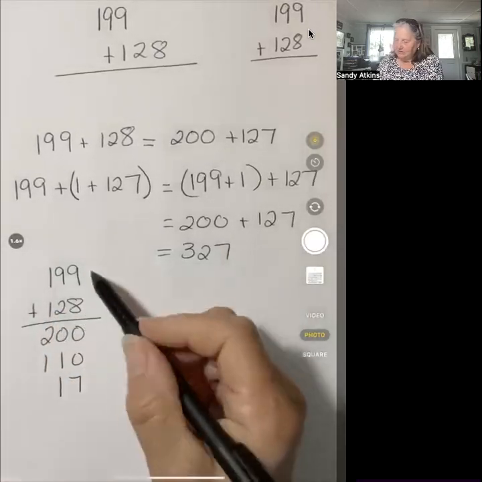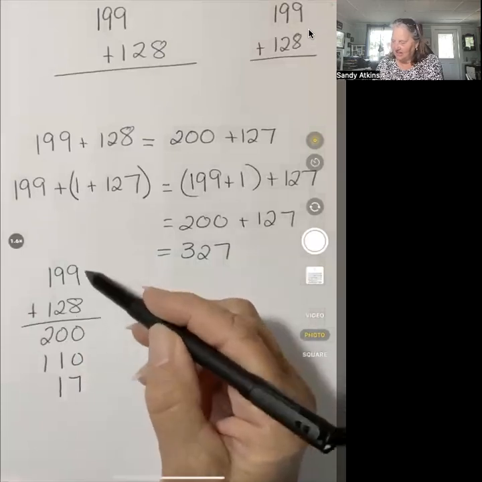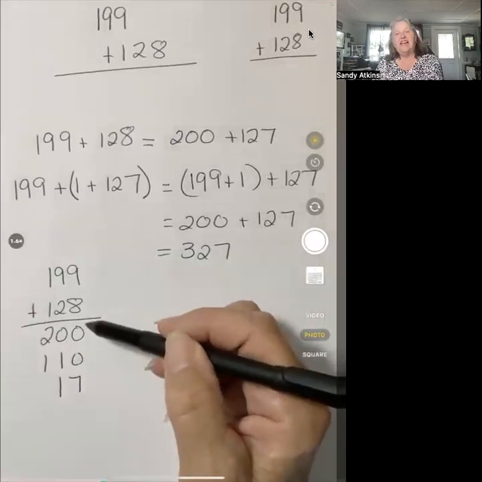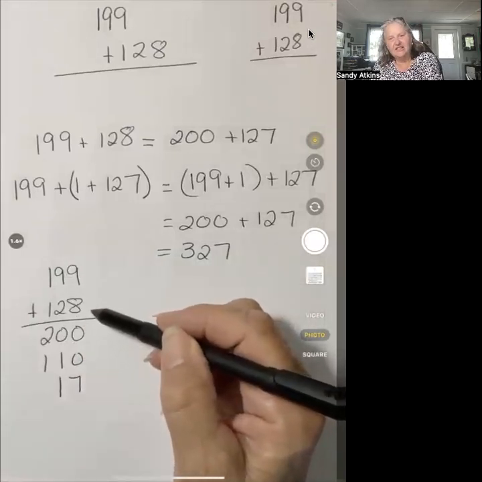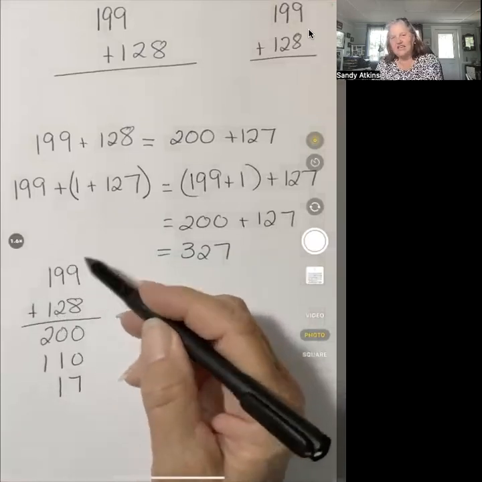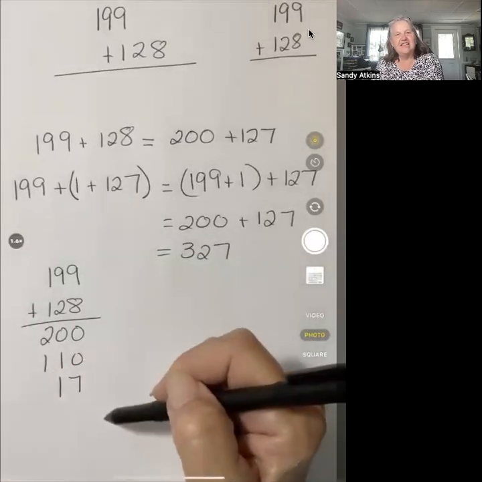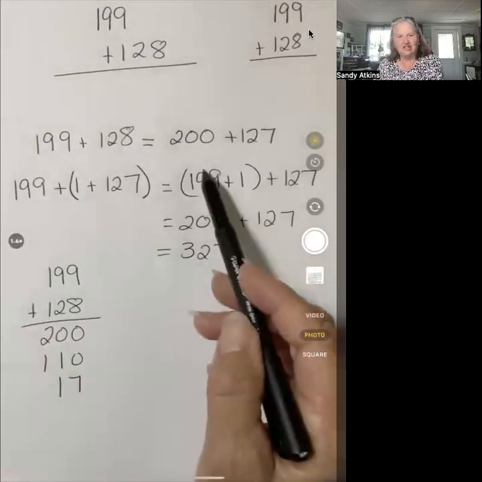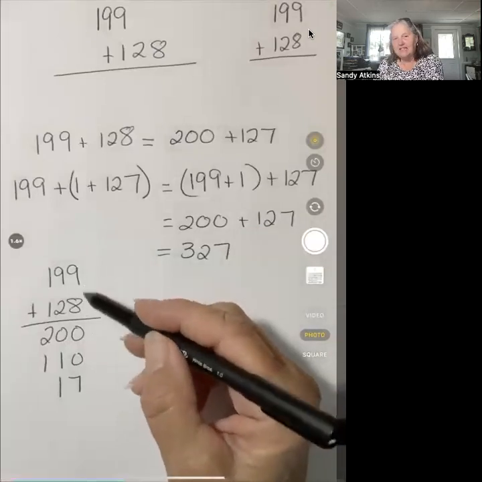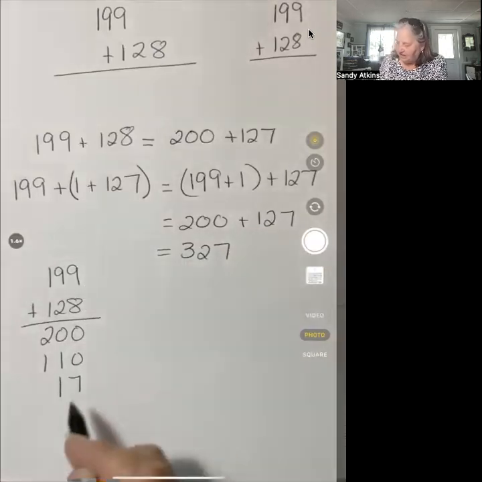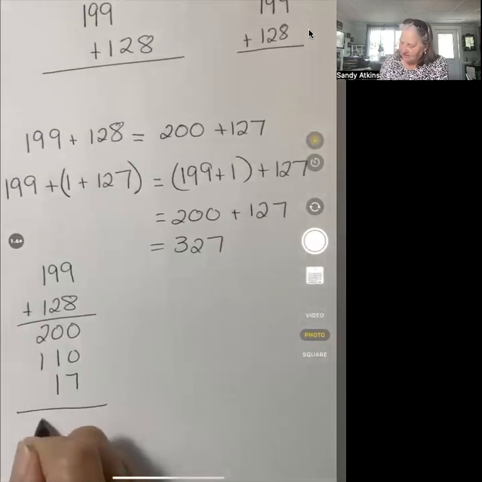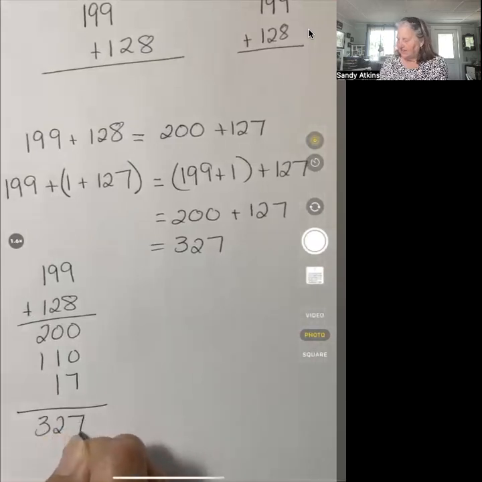Now think about, here's a bridge to 10 I can do too. 9 and 8 is the same as 10 and 7. What's 90 and 20 the same as? 110. I can keep using the associative property to even combine these values. So once I've got this, I've got the 300, the 20, and the 7.